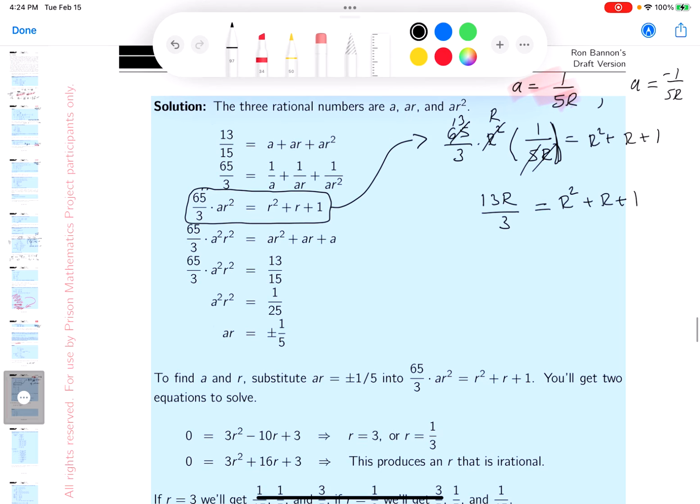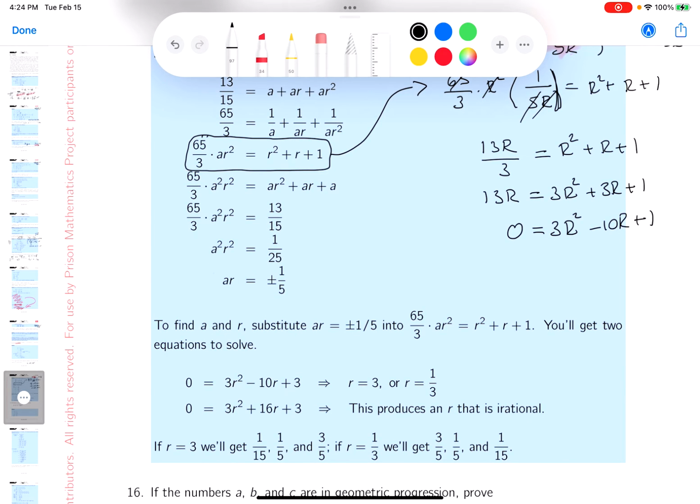Well, I'm going to multiply both sides by 3. You get 13R equals 3R squared plus 3R plus 1. So I'm going to get 0 equals 3R squared minus 10R plus 1.